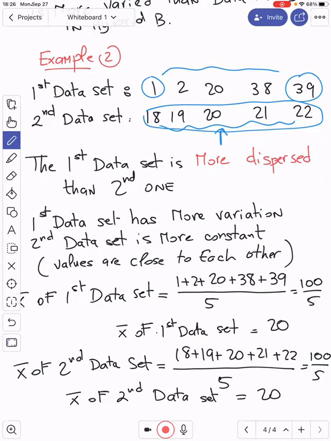But the thing is, one data set is more dispersed than the other one, right? So we're going to use the measures of spread to see how much the data values differ from the mean.